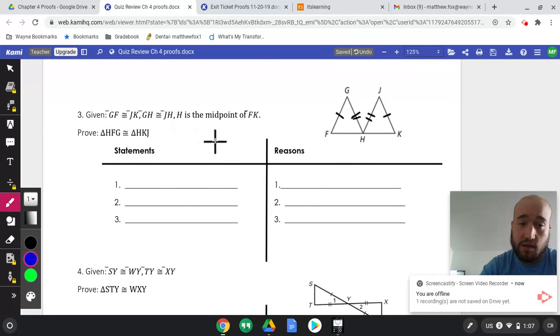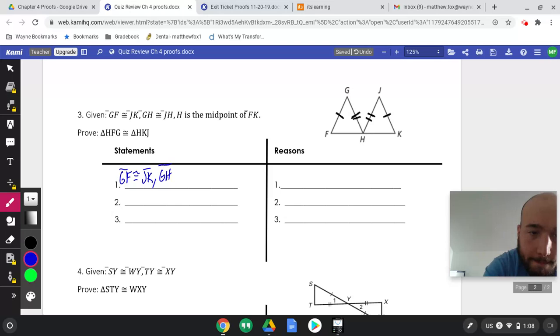All right, two more I want to do together. Look here, this first one, there's already some information and it's already marked, but I'll go ahead and put it as our given. So GF is congruent to JK, which you'll see over here, GF and JK, they both have one mark. Then also GH and JH, right here, they both have two marks. Now the final piece that they give us, they also tell us that H is the midpoint of FK.